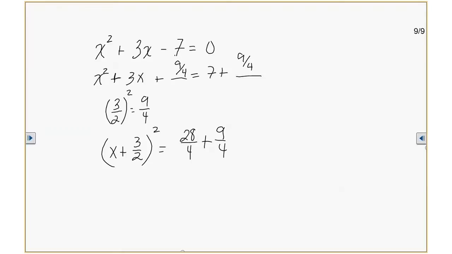I'll wait before I ask for questions because I know I'll get a couple. Where'd that 28 fourths come from? Where'd that 3 halves come from?